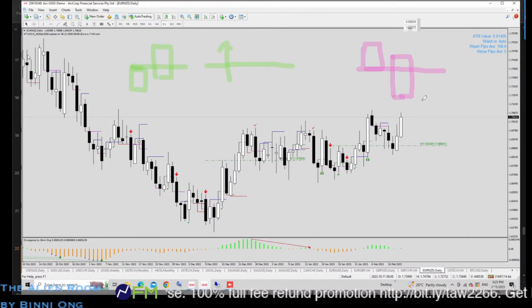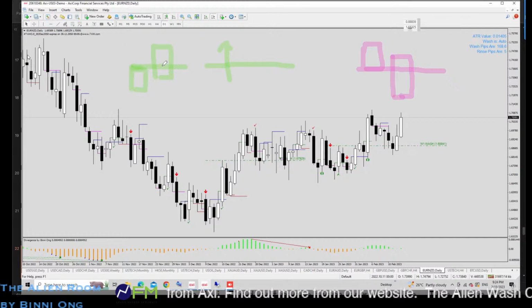Next, see the wash line as a separator. Now why do I say it is not a support resistance but a separator? It separates between a bull and a bear. The logic is very simple.